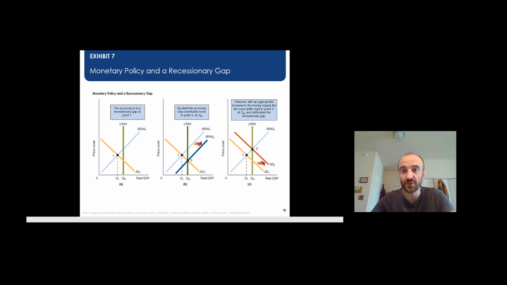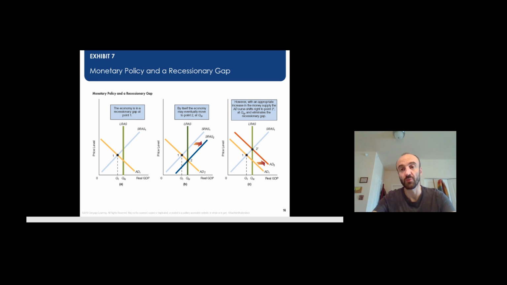Instead of waiting for the short-run aggregate supply curve to shift to the right, you leave it where it is, and you quickly infuse the new money through lower interest rates or through increasing the money supply through purchases of government bonds, and you shift the aggregate demand to the right.